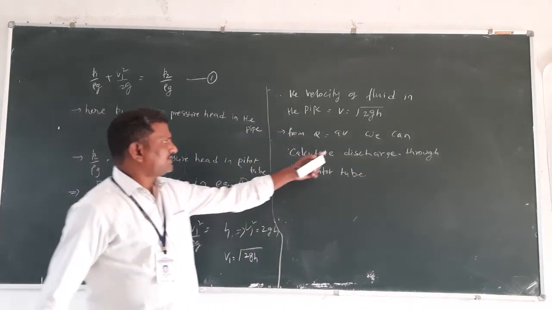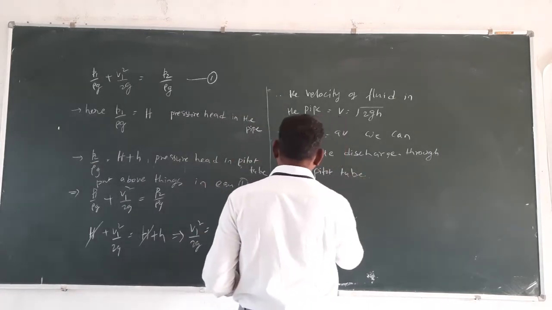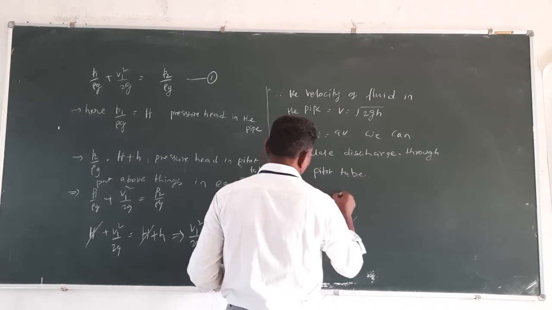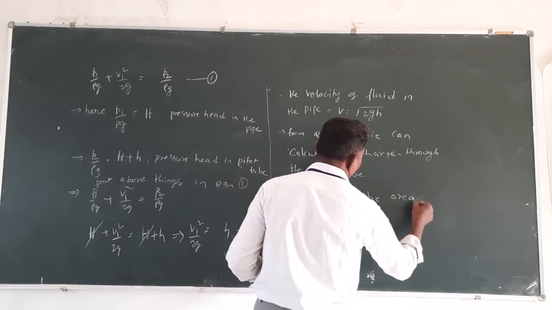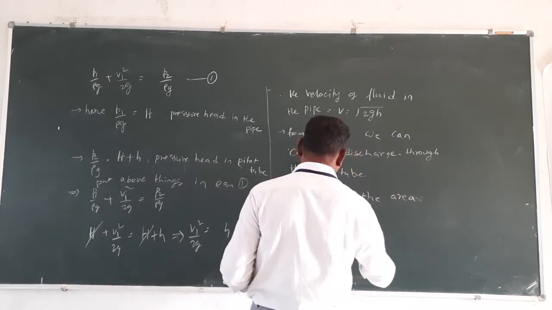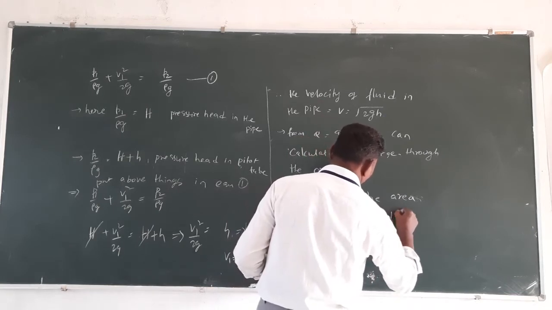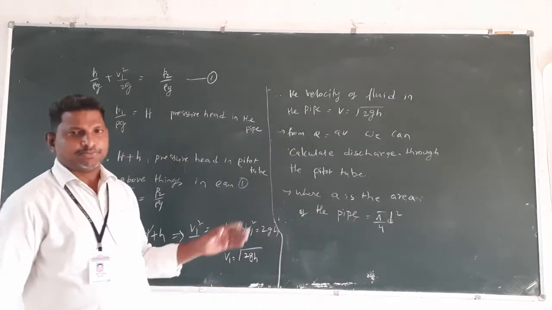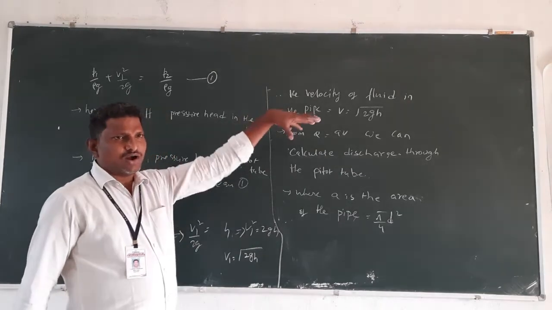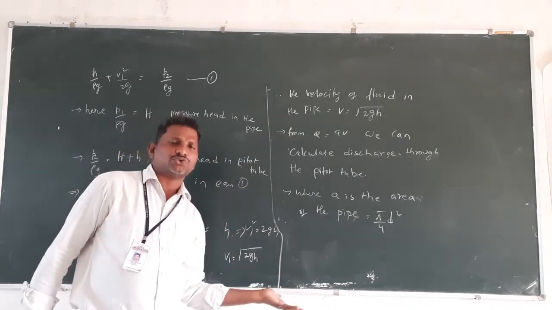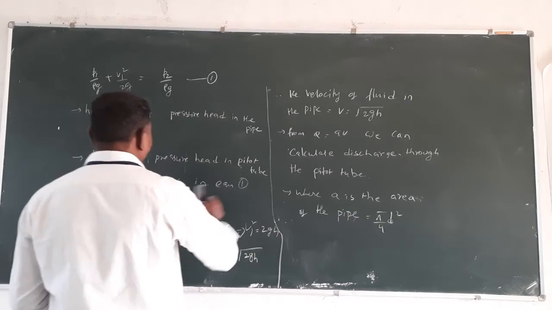Q is equal to A V, where A is the area of the pipe. This is equal to pi by 4 d square. By using this Pitot tube, we can find out the velocity of the water in the tube as well as the discharge through the pipe. Okay, let us discuss the momentum equation.